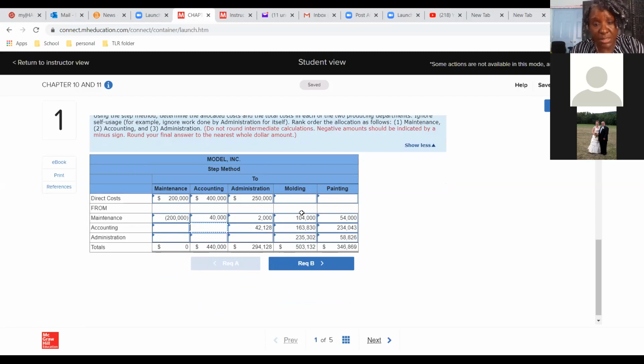Then our next step would be to allocate the remaining costs for these two departments.